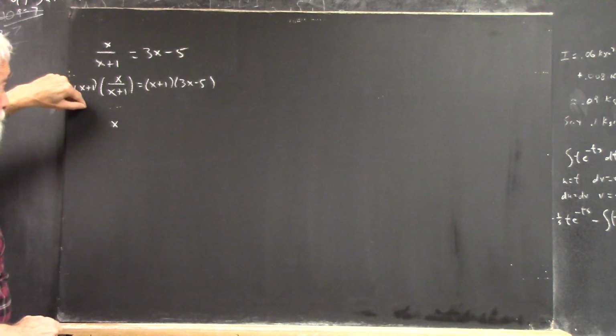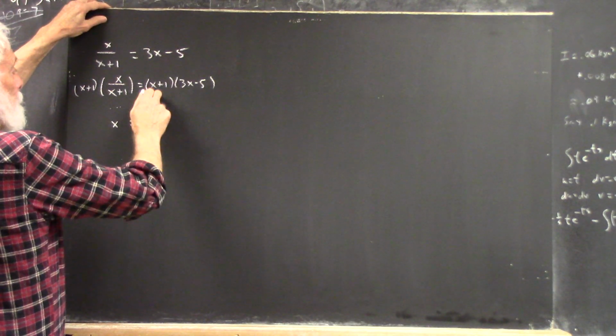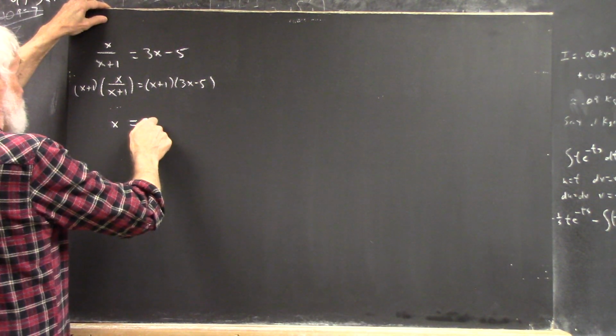The same as x plus 1 over x plus 1 times x over 1. X plus 1 over x plus 1 is 1, so you just get x. Then you use a distributive law here.